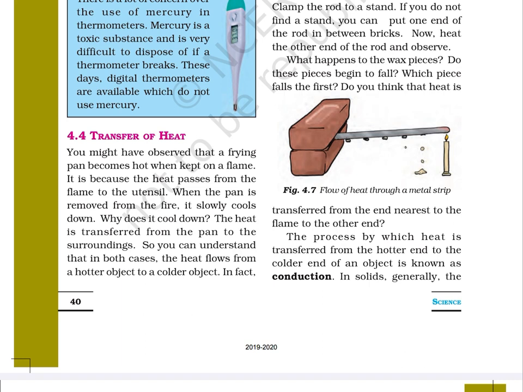The heat is transferred from the pan to the surroundings. So, you can understand that in both cases, the heat flows from a hotter object to a colder object. In fact, in all cases, heat flows from a hotter object to a colder object.